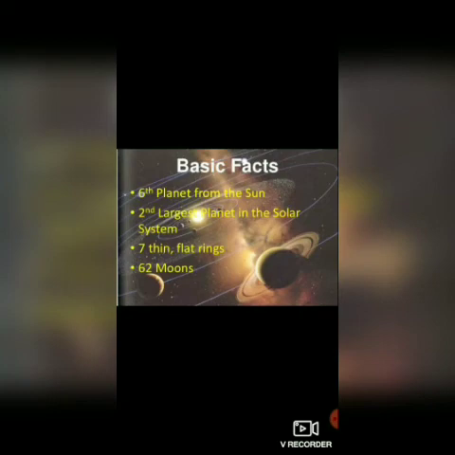Saturn has 7 thin and flat rings and it also has 62 moons.